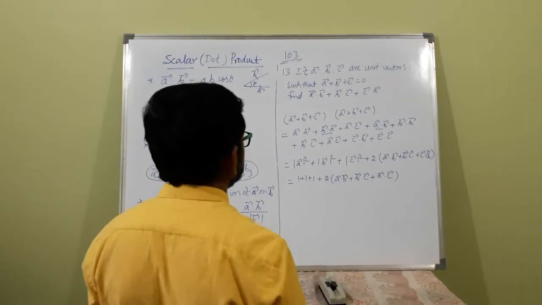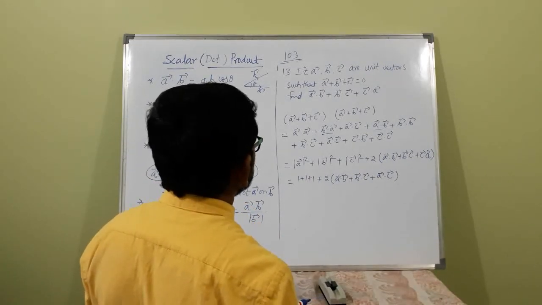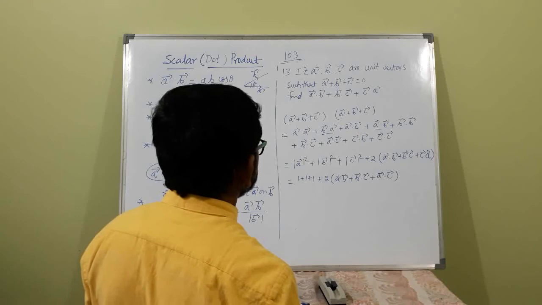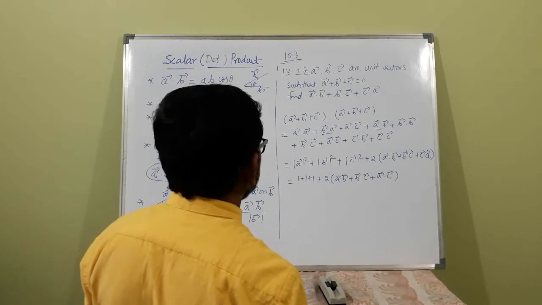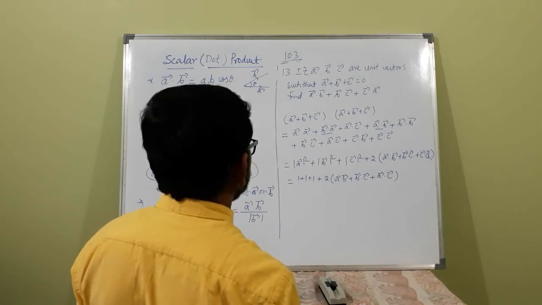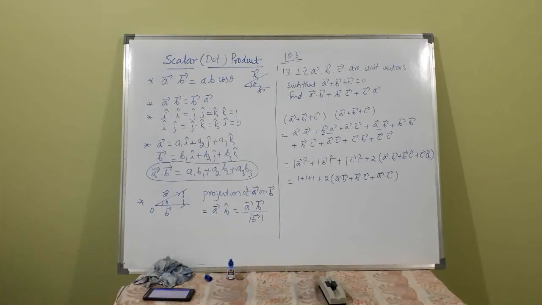So therefore this is A dot B, B dot C plus A dot C.